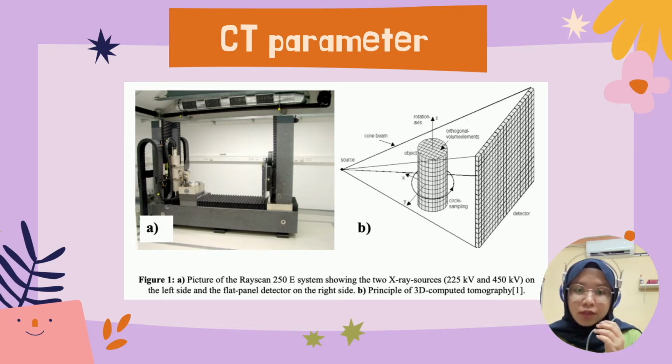So the X-ray tomograms were scanned at a RayScan 250E system with a 225 kV microfocus tube and a 450 kV macro focus tube. The target material used is tungsten for both tubes. The diameter of the X-ray spot for the 225 kV tube ranges around 5 to 200 micrometers, depending on the selected tube current, and about 2.2 mm for the 450 kV tube.